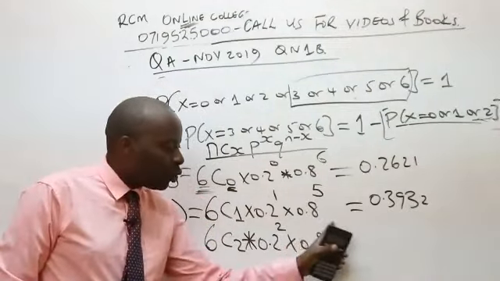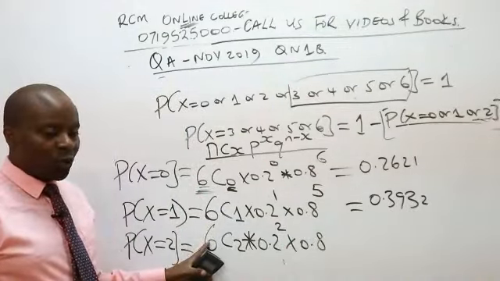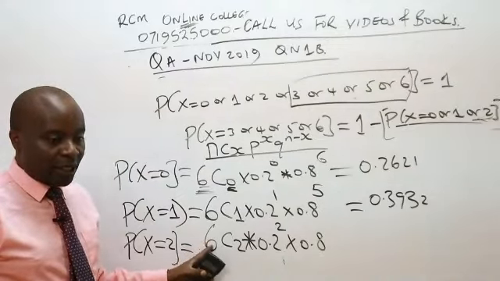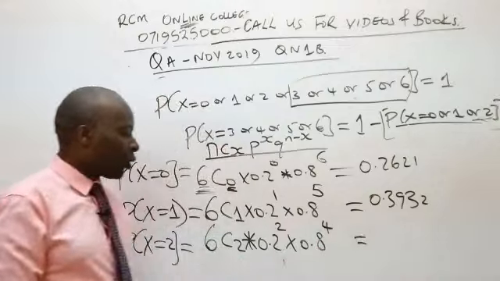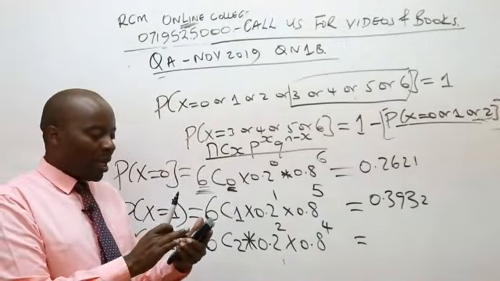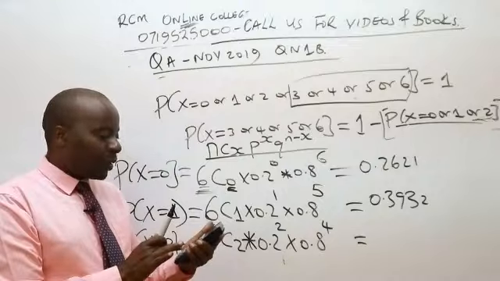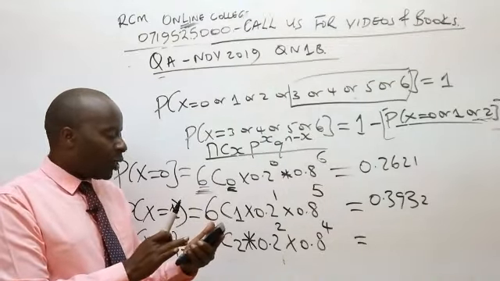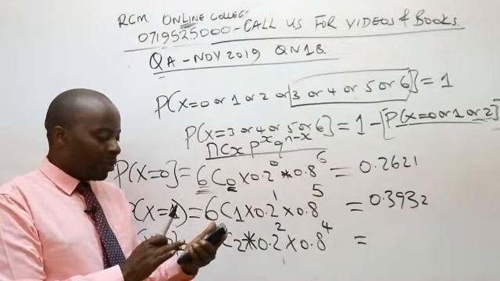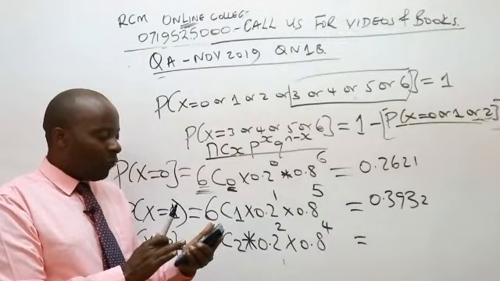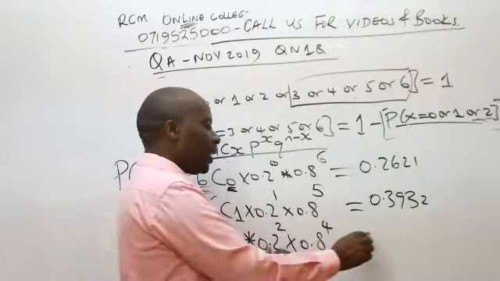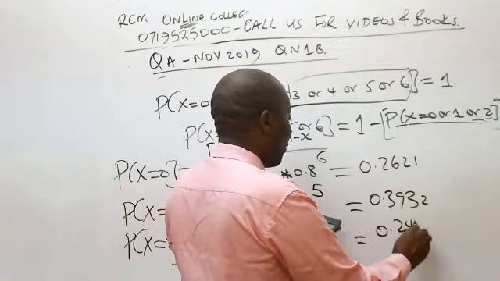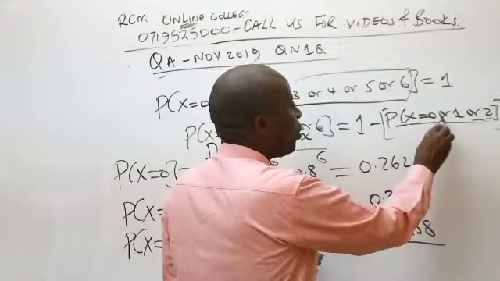Remember the two powers must always total to the n that is here, 6. So this one here will be 4. So we have 6 combinations 2 times 0.2 raised to power 2 times 0.8 raised to power 4, and at the end of the day we'll end up getting 0.2458.